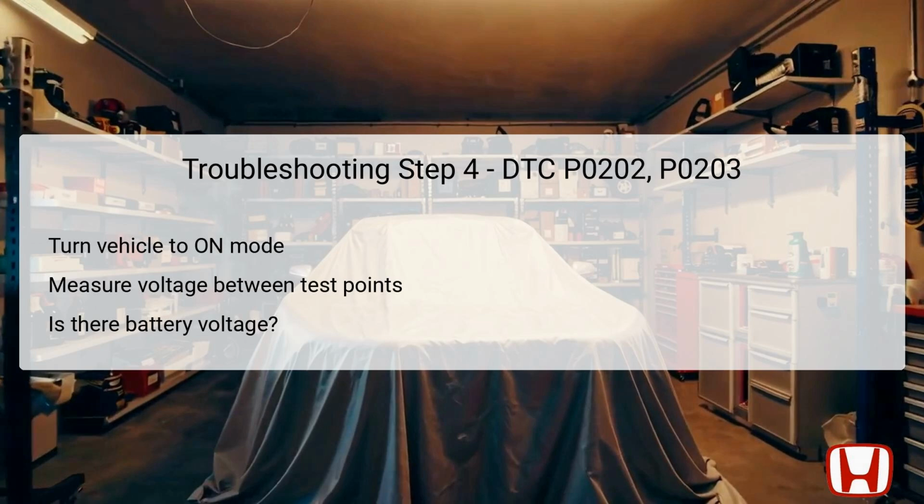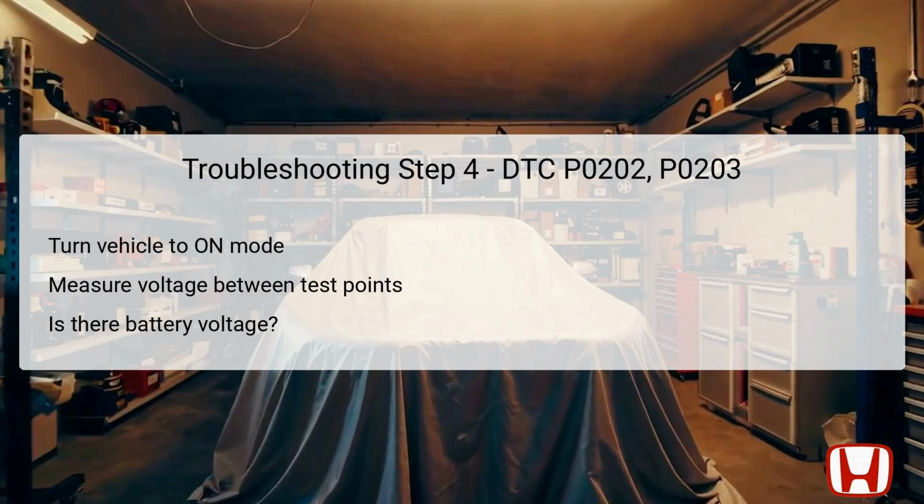With the injector relay disconnected, measure the voltage between the designated test points, which involve the injector relay socket and body ground. This voltage test aims to establish that the fuel injector FI main relay output line is functioning correctly.